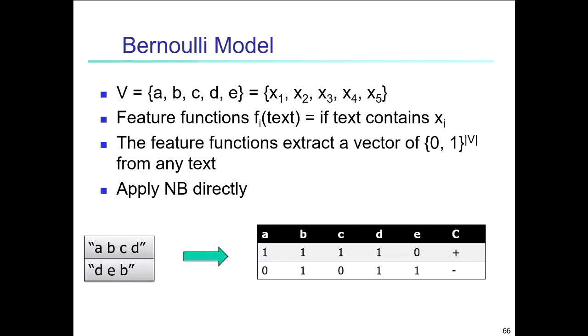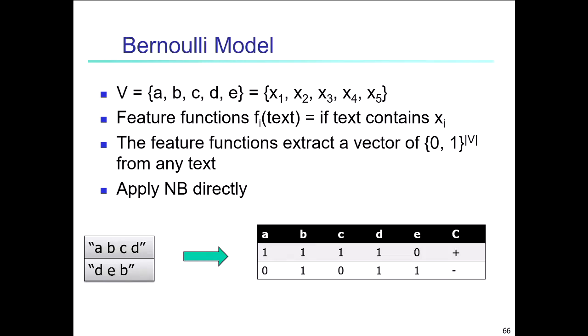So far, it's for the multinomial model, and for the Bernoulli model, we model the text in a different way, where for each text we extract a binary vector. If you still remember, before, for each text the value of each element in the vector could be 0 or 1 or 2, or even larger, depending on how many times it appears in the document.